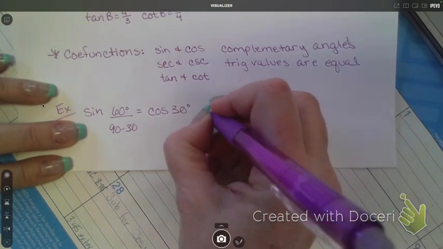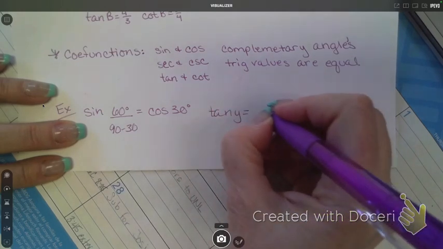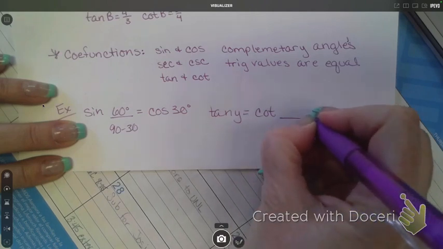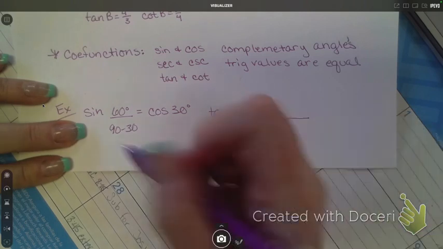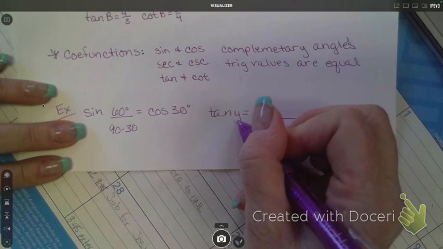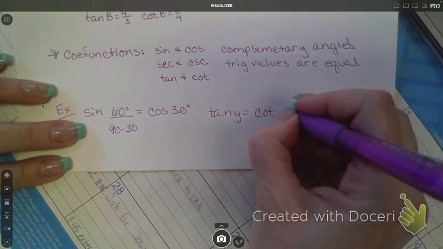The tangent of y is equal to the cotangent of what? How did I find 60? 90 minus 30. And what angle do I have here? y. So how would I find it? 90 minus y.